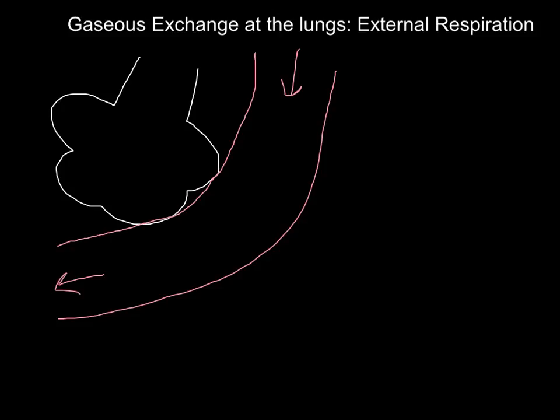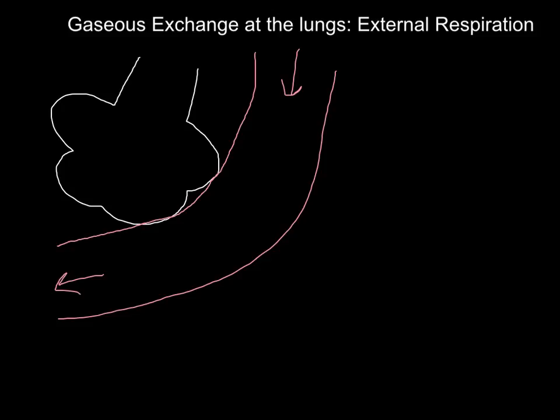So until oxygen has entered your bloodstream, it is not technically inside you. Even though it might be inside this alveoli, until it's inside this bloodstream, it is not inside you. So gaseous exchange at the lungs is called external respiration because it hasn't technically entered your body yet, even though it's inside of your lungs. Don't have a go at me. I wasn't the one who decided things like this.